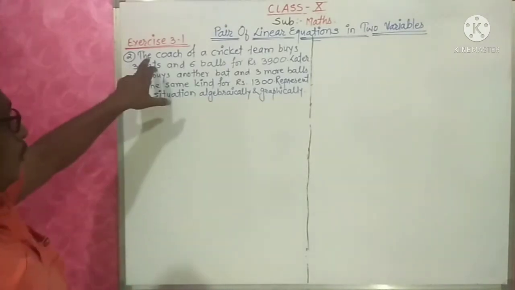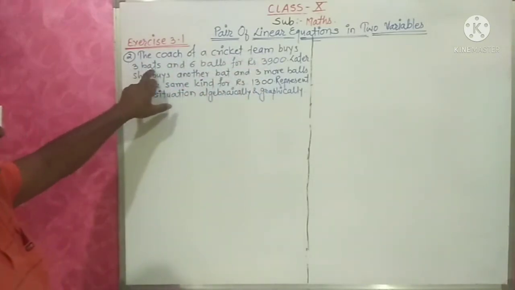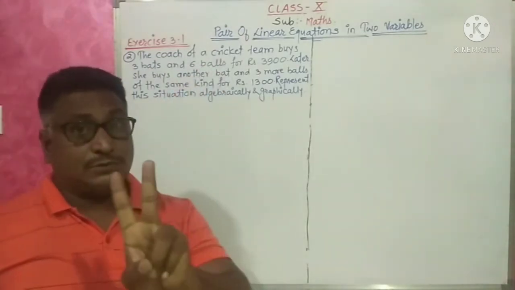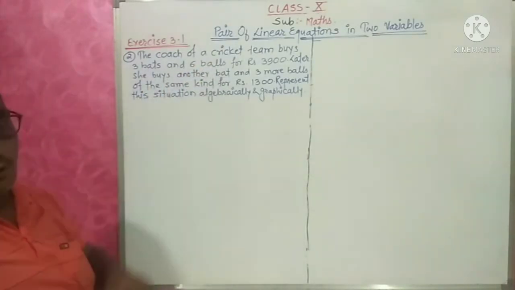See, the coach of a cricket team buys 3 bats and 6 balls. First we have to decide 2 things. Which are the 2 things? Bat and ball.